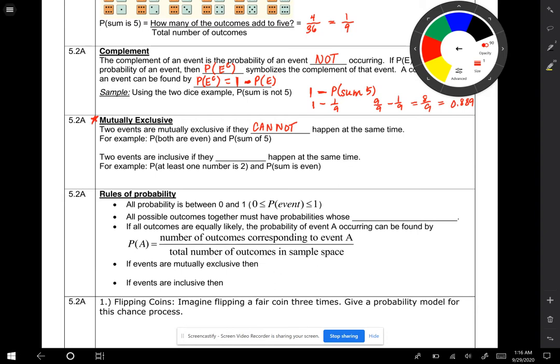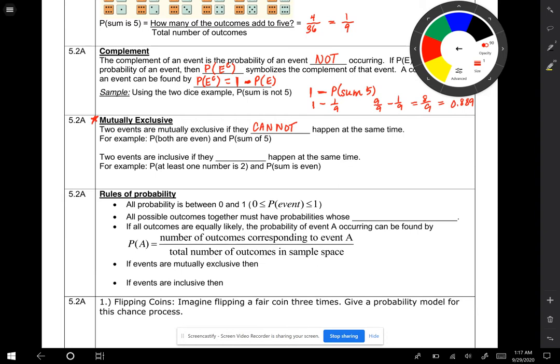Because in order for the sum to be 5, one of them has to be an odd number. So you have 2 plus 3, and 4 and 1. So one of the numbers is odd. You can't have both numbers even and get a sum of 5. So those two can't happen at the same time.